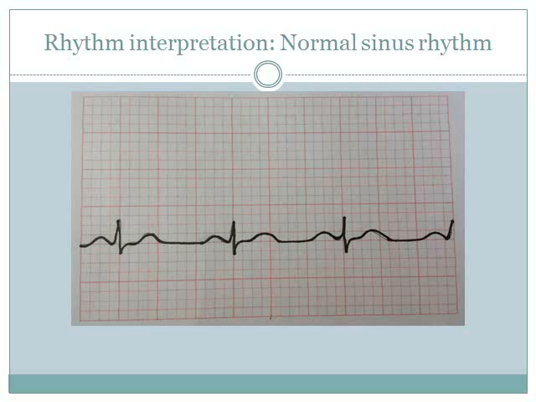So I looked at three complexes here, and then I calculate the rate. I already calculated, it's 100, so it's within 60 to 100. The rate is normal. P waves look similar to each other. QRS looks roughly similar to each other, and the durations I can check, and therefore this looks very similar to a normal sinus rhythm.